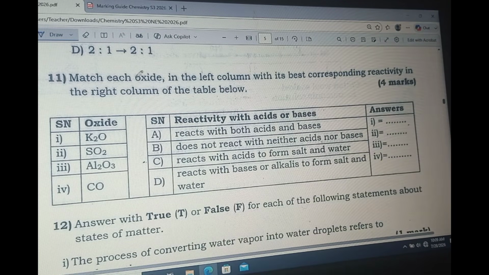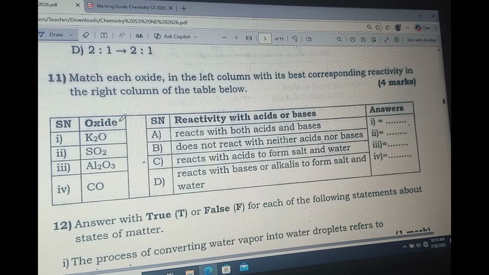Question 11. Match each oxide in the left column with its best corresponding reactivity in the right column of the table below. We have oxide and reactivity with acid or base. 1, potassium oxide. Potassium oxide is a basic oxide. Does a basic oxide react with both acid and base? No. Does it react with neither acid nor base?